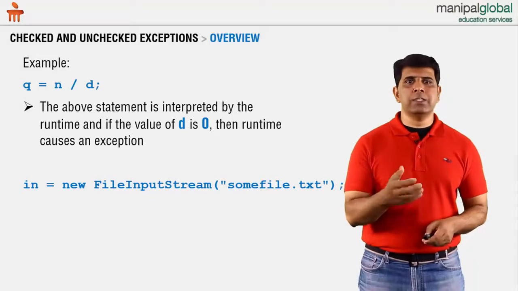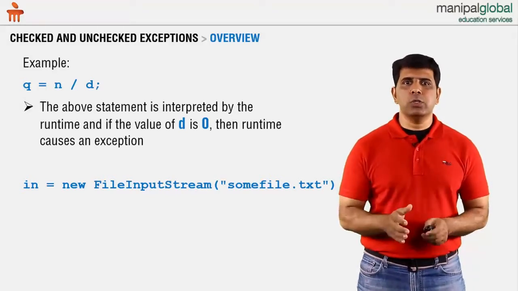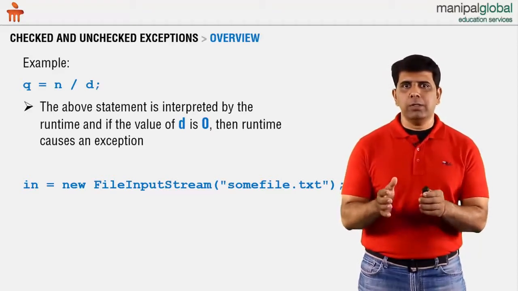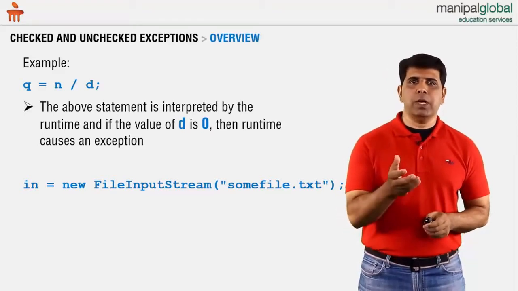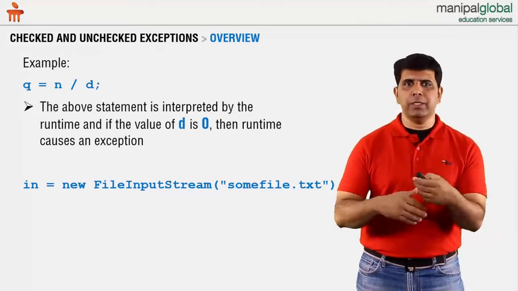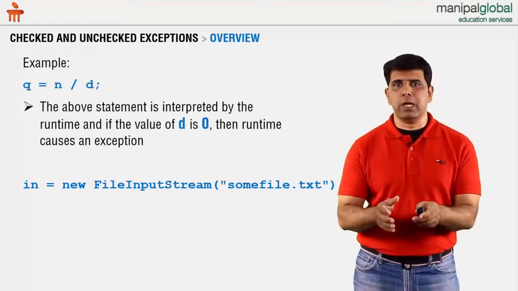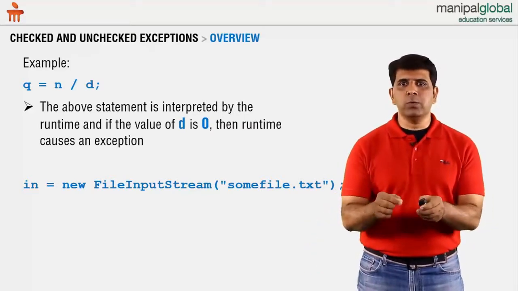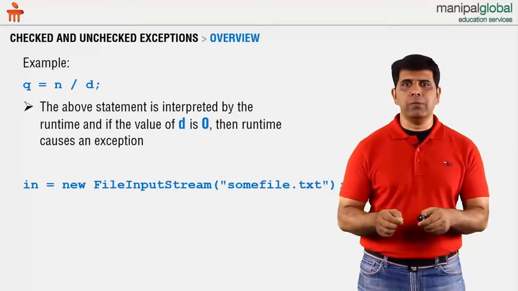Now here is another statement: in = new FileInputStream("some file.txt"). We are creating an object of a class called FileInputStream. It's a constructor call, and obviously FileInputStream is a class developed by some developer. The developer would check for the file that you have given.